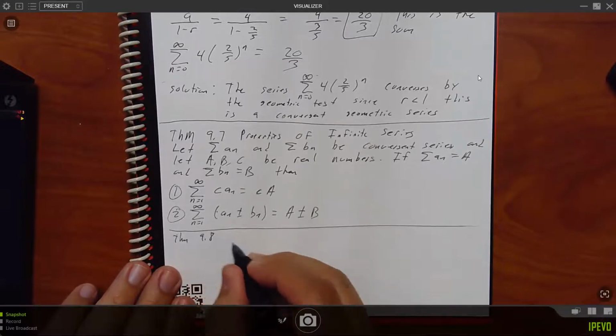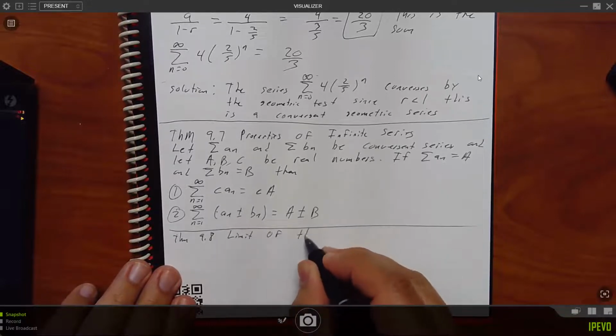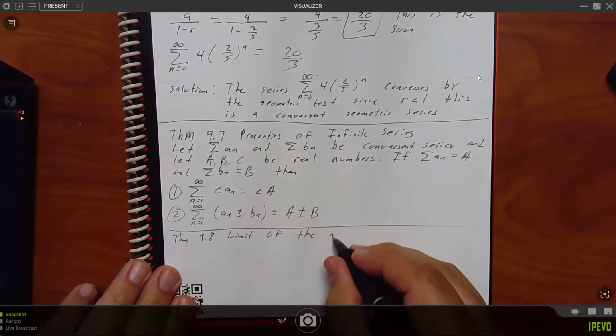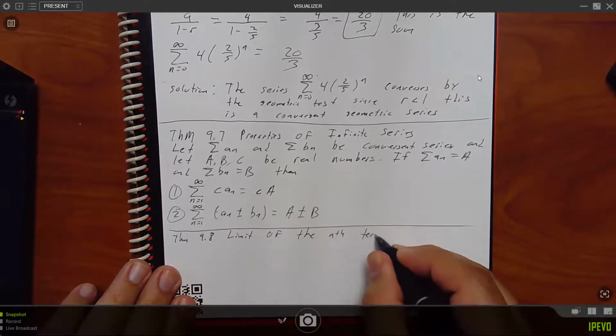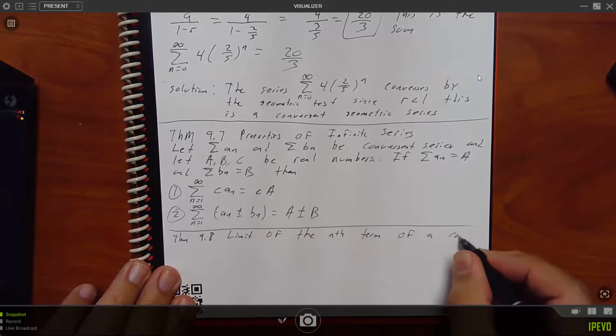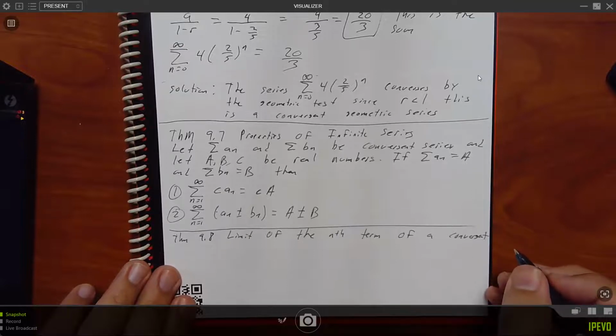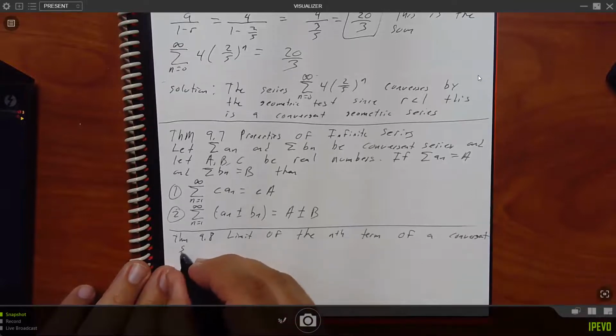I think it's still 9.8. The limit of the nth term of a convergent series.